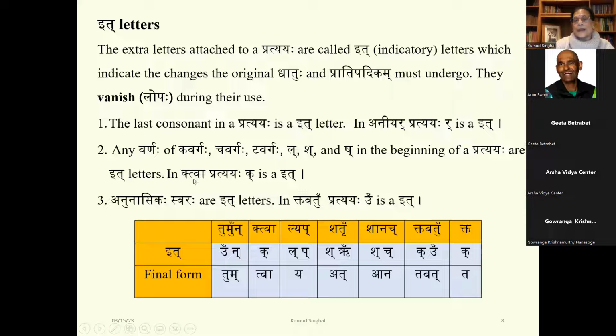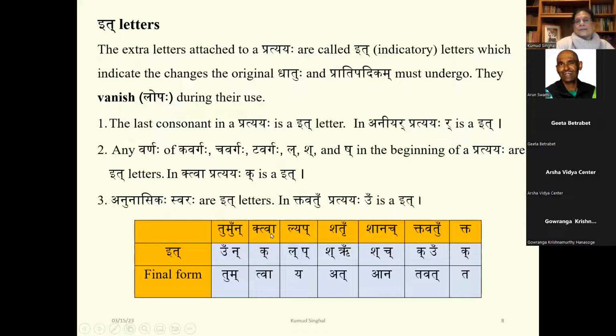For example, in ktva, this ka belongs to the ka varga, so this is an it letter and only tva will remain. Then anunasika swaras are it letters. For example, in kavatu, this is an it letter.